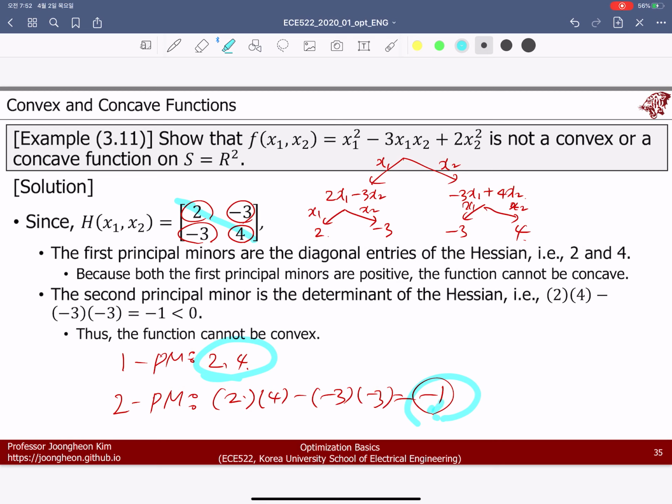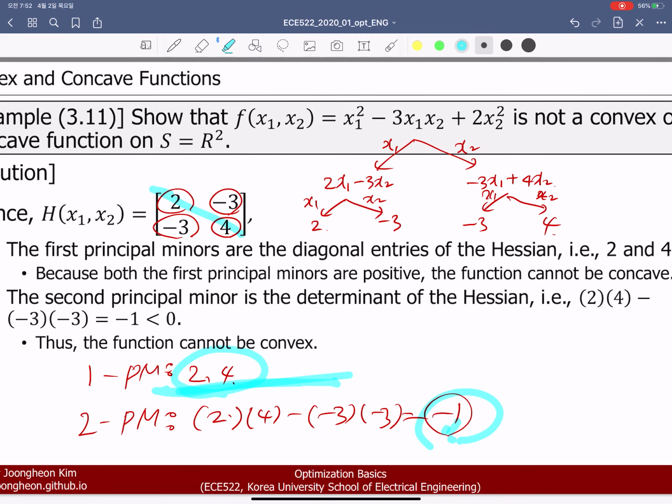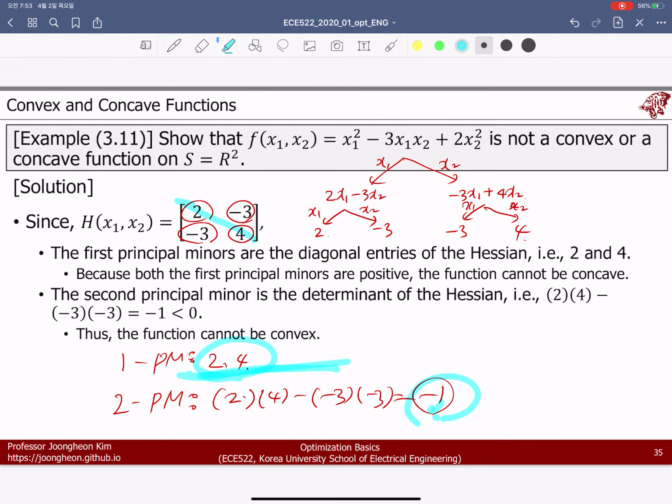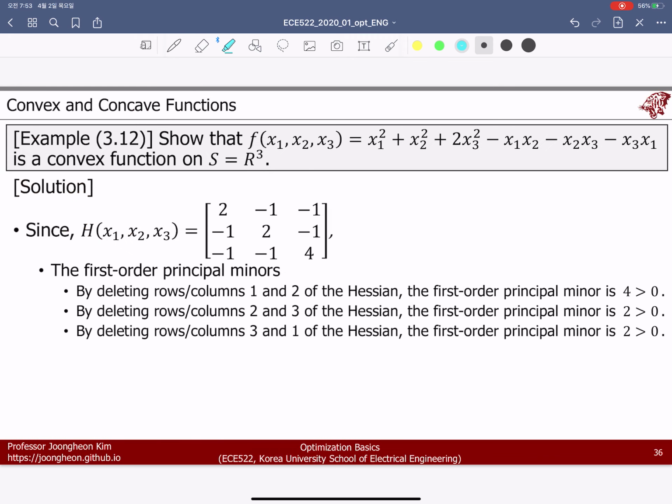That's why this is not convex. But if you want this function to be concave, these should be all negative, but they are all positive. That's why this is not concave as well. So this is neither convex nor concave, okay? This is just a non-convex function, which cannot guarantee the optimal solution in a given time.